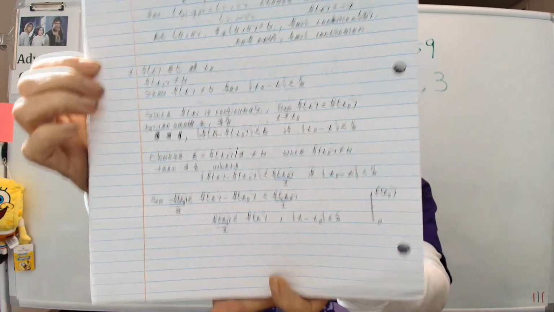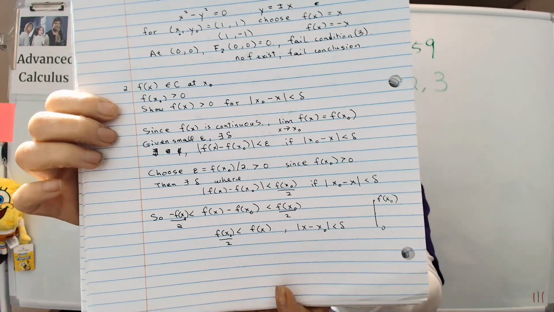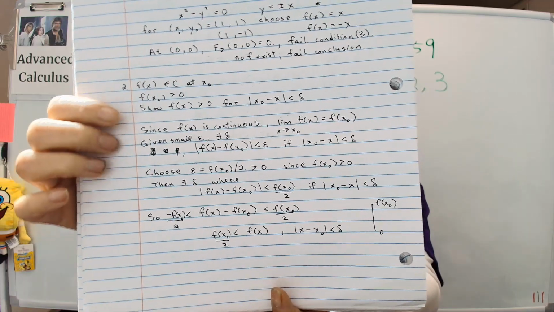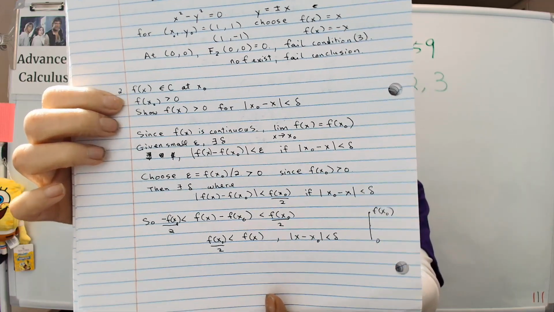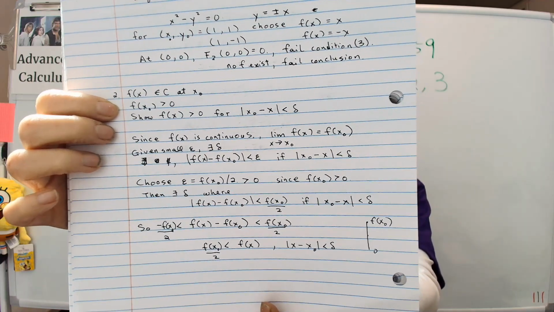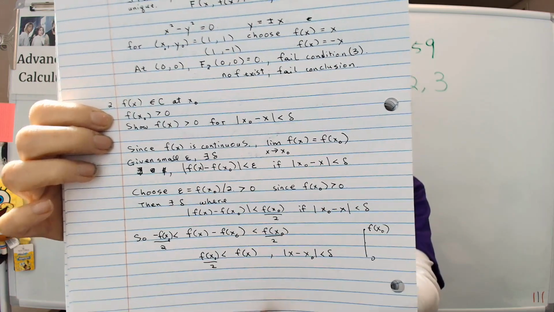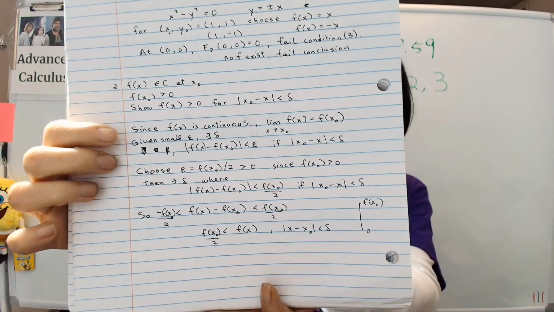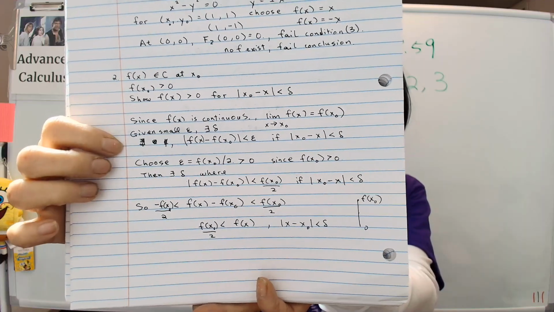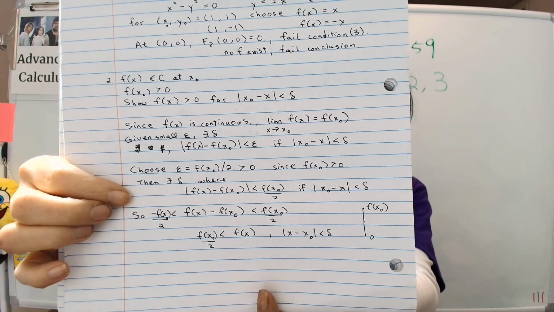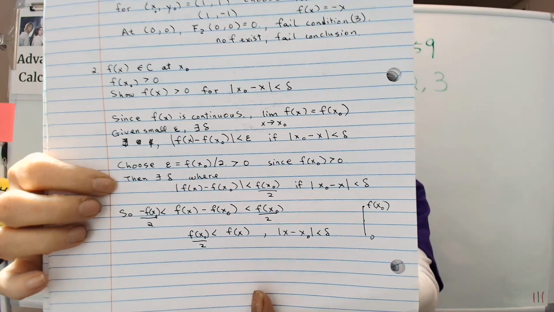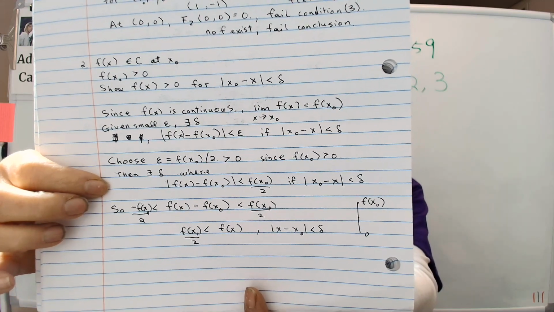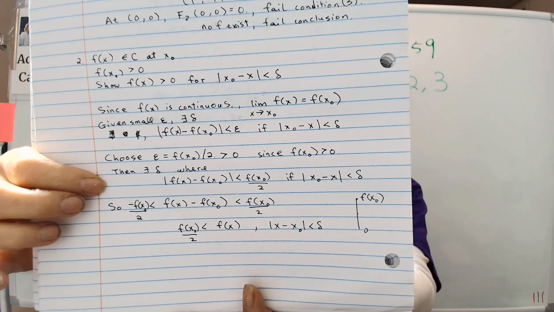All right, and then problem 2, we're using the delta epsilon proof, which we covered earlier in this chapter. We're going to use it mostly right here, where we have |f(x) minus f(x0)| is less than f(x0) over 2.